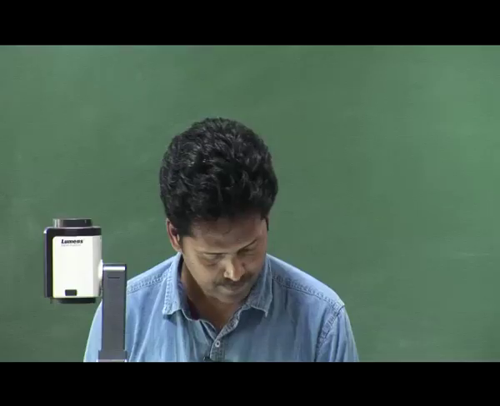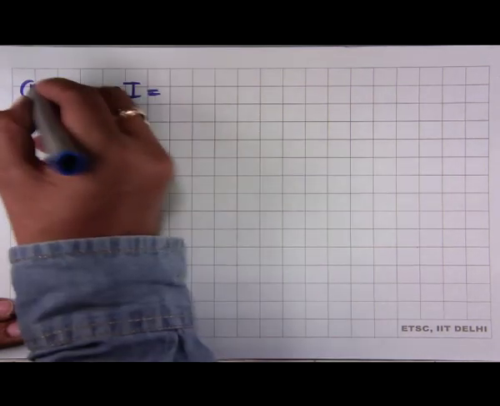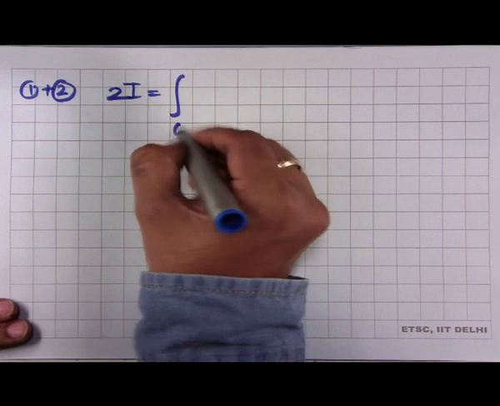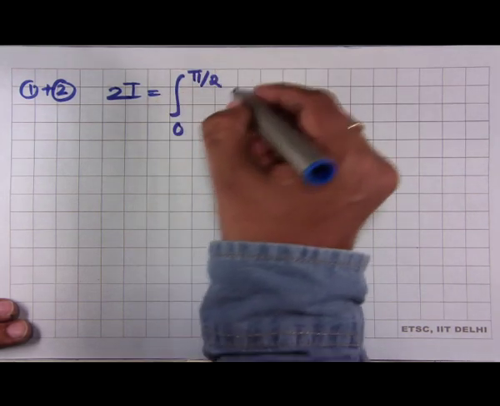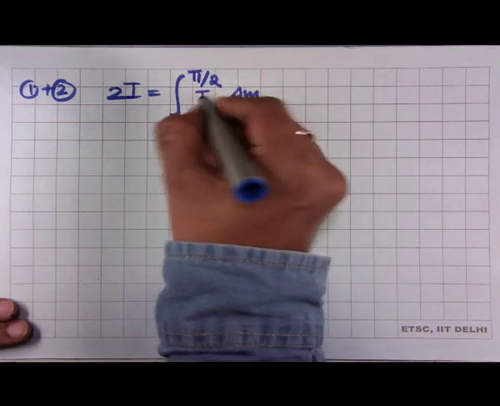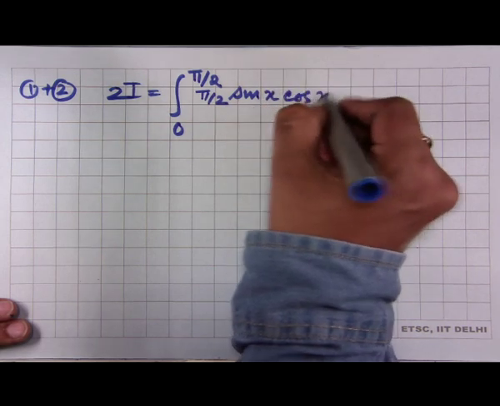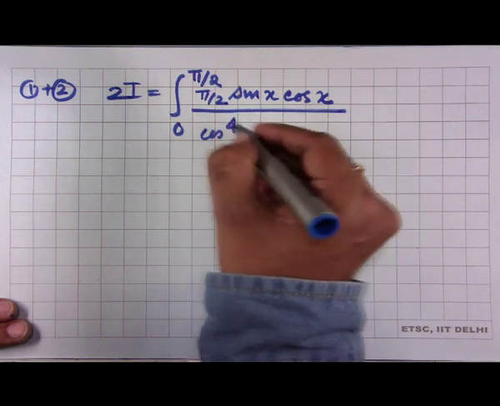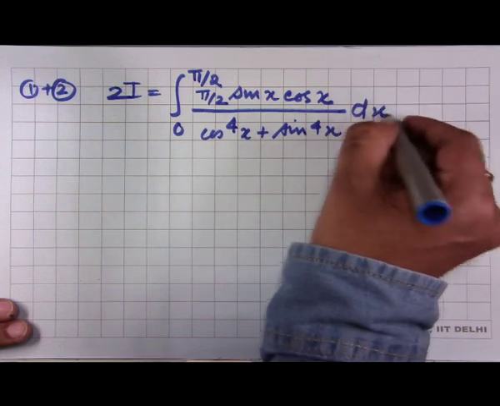So you get 2I equals 0 to pi by 2, pi by 2, sin x cos x by cos power 4 x plus sin power 4 x dx.